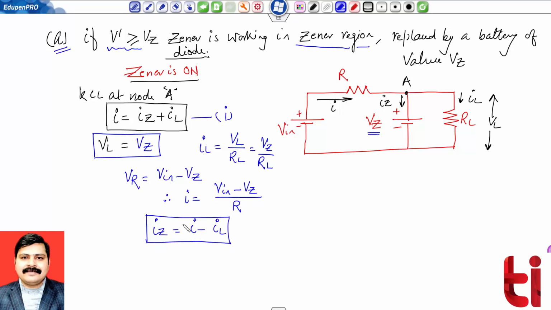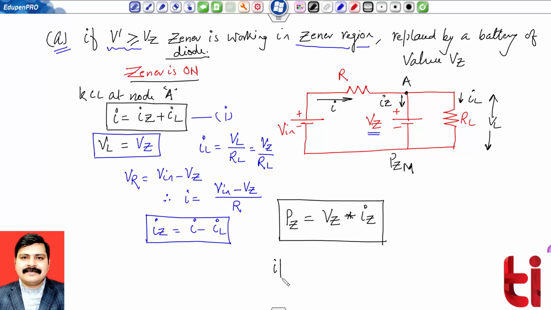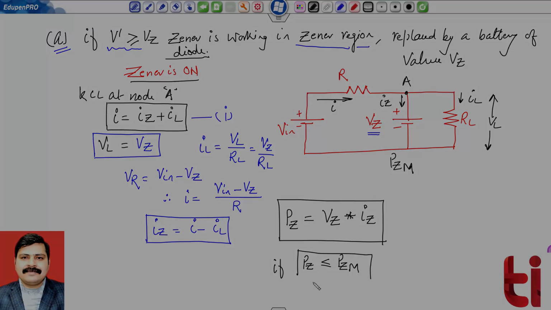Once this current IZ is known, I can calculate PZ, my power dissipation, which is VZ multiplied by current IZ. If PZM is given, and my PZ is less than or equal to PZM, that means my diode is safe.